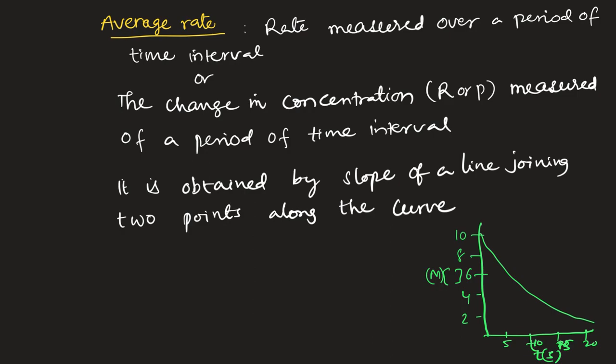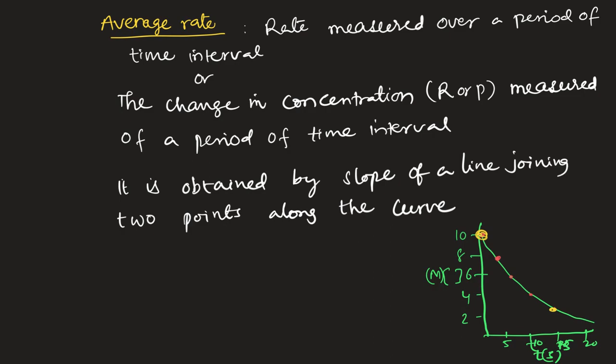So now this is the concentration point with respect to time. Now I am joining any 2 points. I want to join from this initial point to this final point.